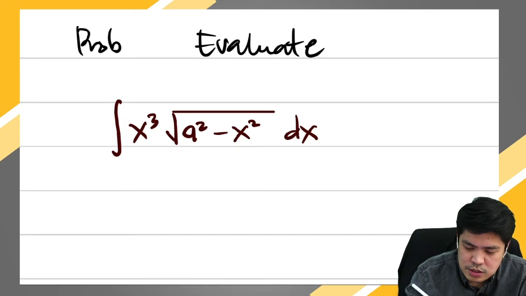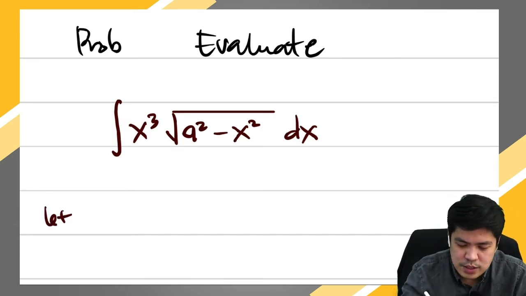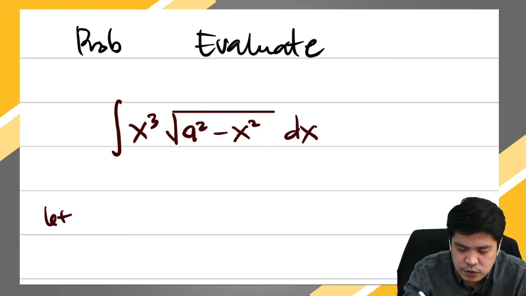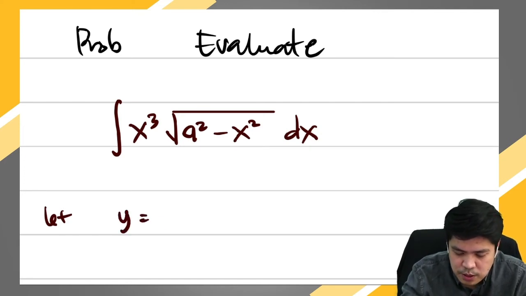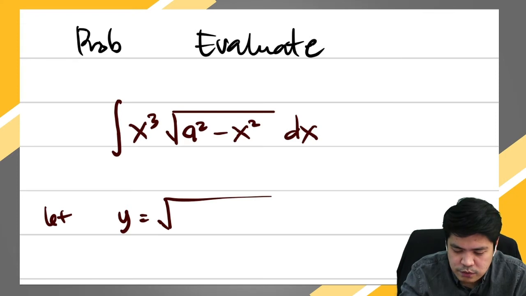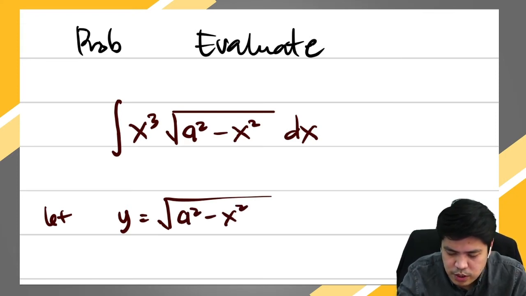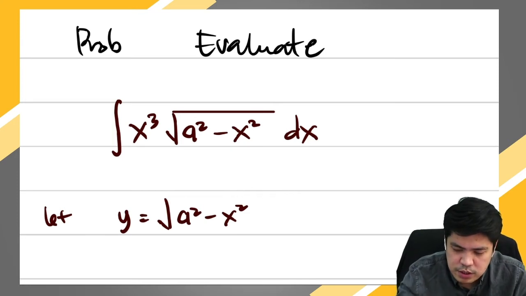Let's take y as our new variable. So I'll represent y as this factor in the integrand, square root of a squared minus x squared.